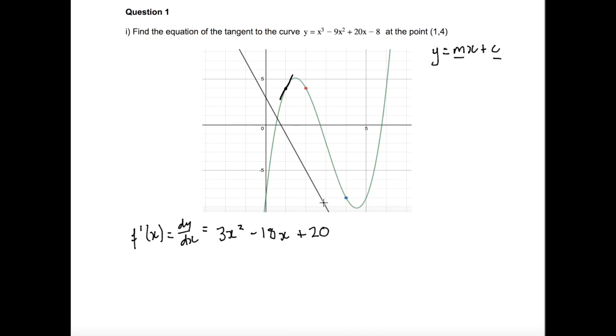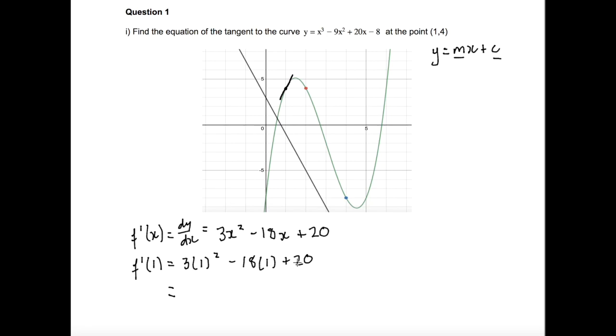Okay, the next thing we need to do is substitute in an x value of 1, because we want to know the gradient at the point x equals 1. So f dash of 1 equals 3 times 1 squared minus 18 times 1 plus 20. Alright, bit of quick maths.